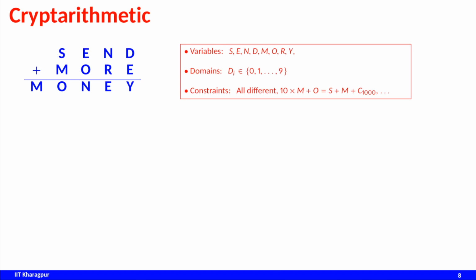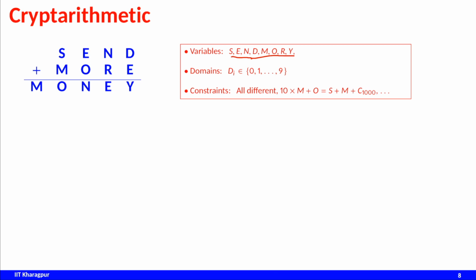We define the variables in this way: S, E, N, D and all the characters, and each character can take a value between 0 and 9. And the constraint that we can write is something like this.